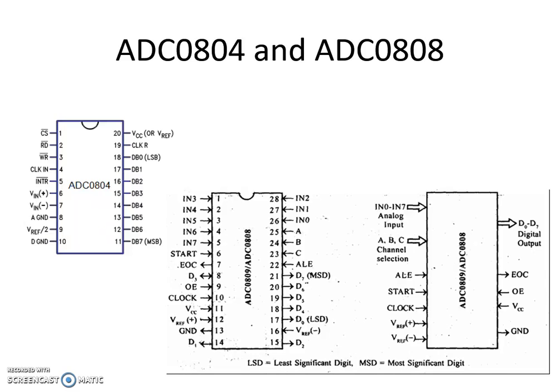We can select the channel by giving input at the A, B, and C pins from our microcontroller. We give the A, B, and C pins a certain bit value so that we can select from 0 to 7 channels. Whatever channel we select is going to be the input channel that is converted into digital and transferred to the microcontroller.